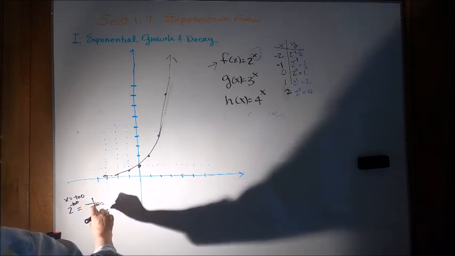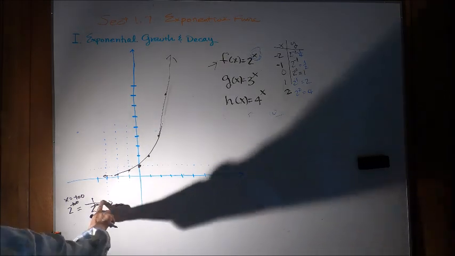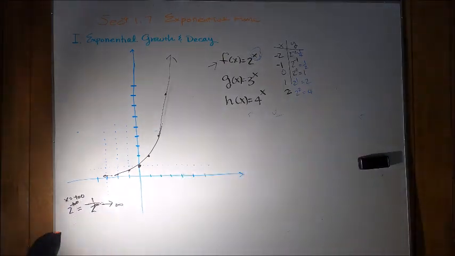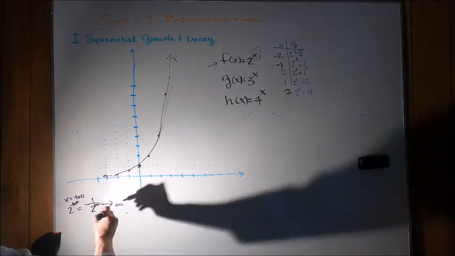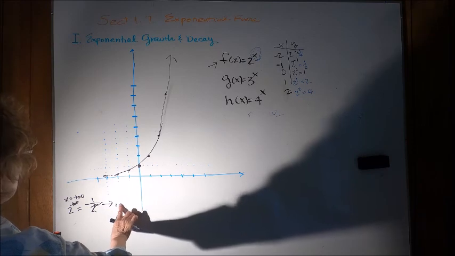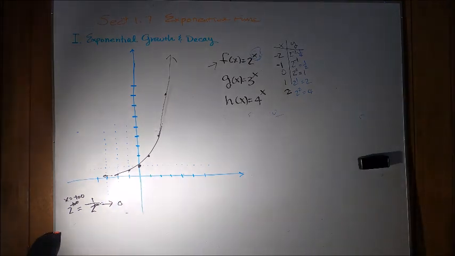It's the reciprocal of 2 to the 100, a very small number, close to 0. No matter how negative x is, 1 divided by a positive number is always positive and approaches, not infinity, but 0.